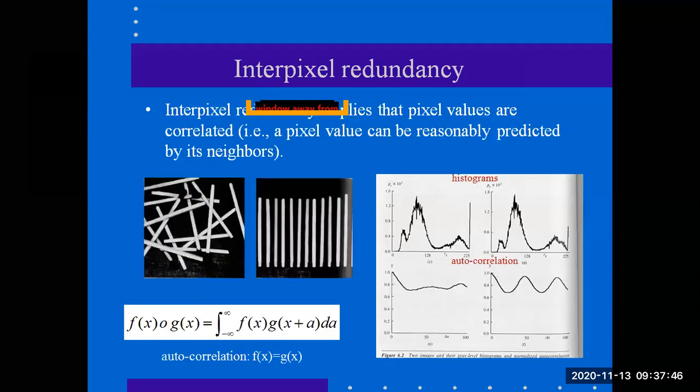Next, interpixel redundancy. What is interpixel redundancy? In interpixel redundancy, pixel values are correlated, not bits; there is no manipulation in the bits. So instead of bits, we are manipulating pixels. Only pixel values are manipulated, that is correlated, and a pixel value can be reasonably predicted by its neighbors.